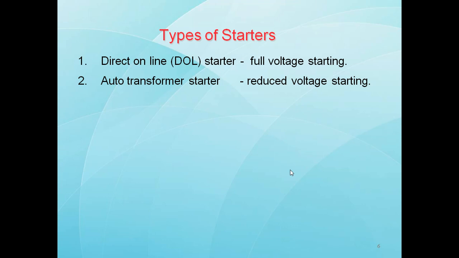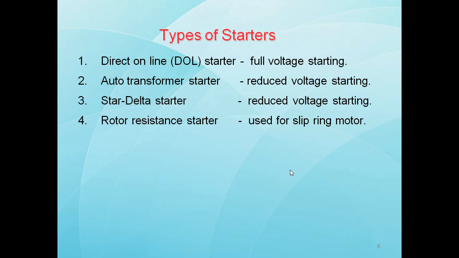In this case it will apply reduced voltage. The next one is the star delta starter. In this star delta starter, we will apply reduced voltage. In this case also, same thing.